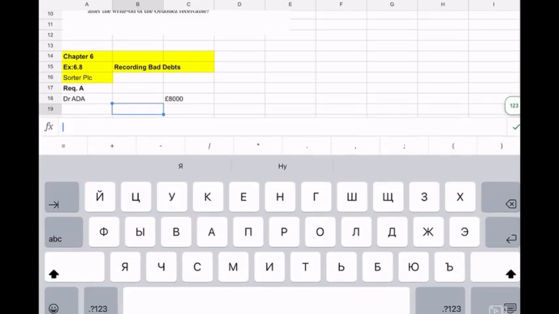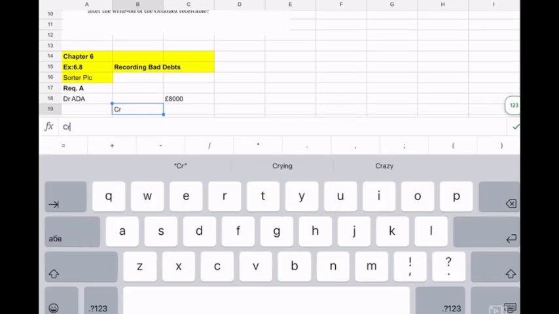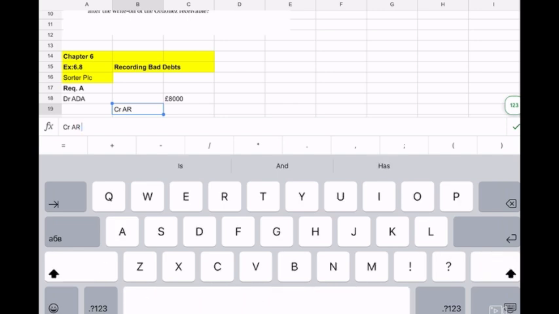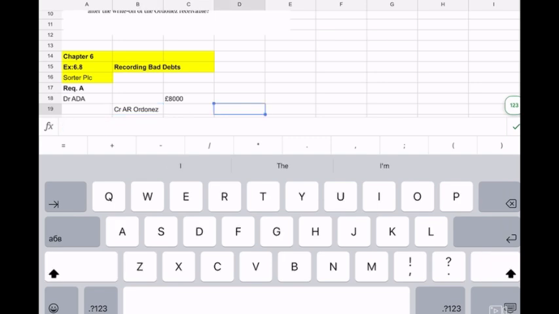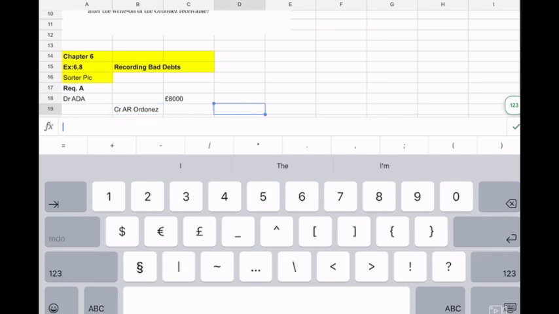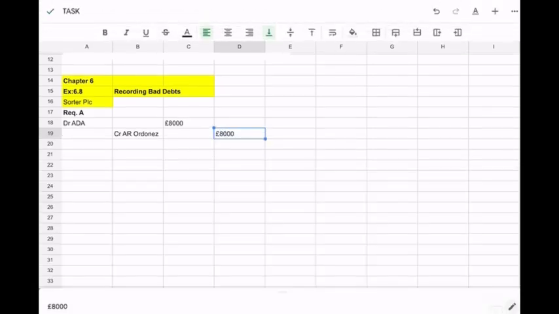I want to use the currency of dollars. I think it's not a big problem. Okay, it's okay. And here I will credit accounts receivable, Ordnance, for 8,000.